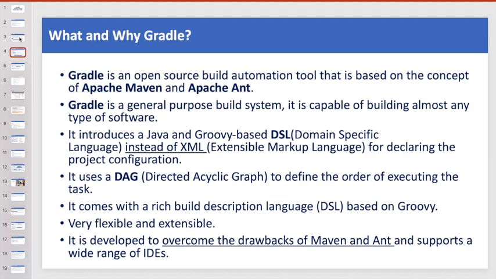So now, why Gradle? Gradle is open source, and it has been developed taking advantage of the good points of Apache Maven and Apache Ant. Apache Ant and Maven have been used in industry for the last one or two decades, and there were some drawbacks and some good things in both tools.